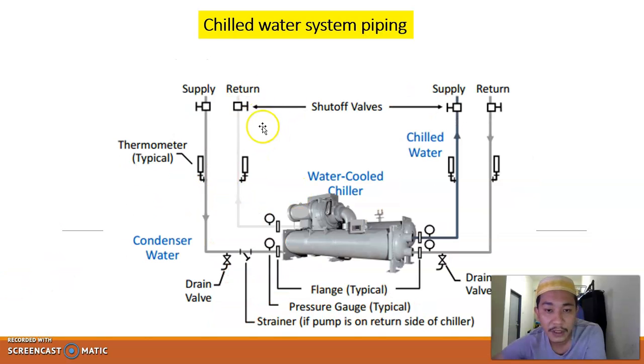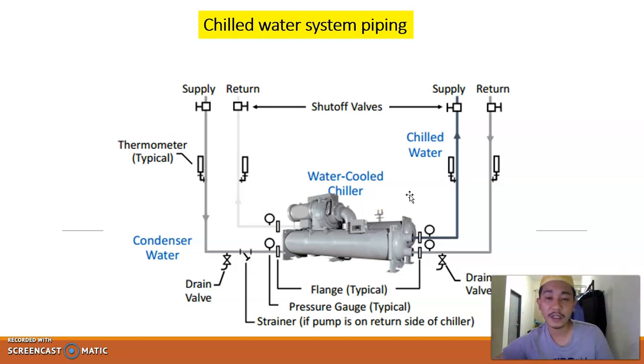This is the chill water piping system. Next, we will go to the chill water system piping. There are several materials for the piping system depending on the application, but the piping system for chill water and condenser water uses other materials than the piping system for the split unit system.